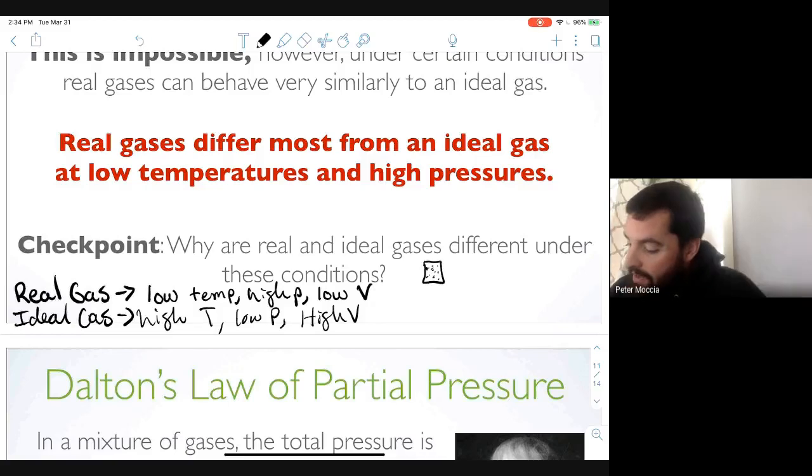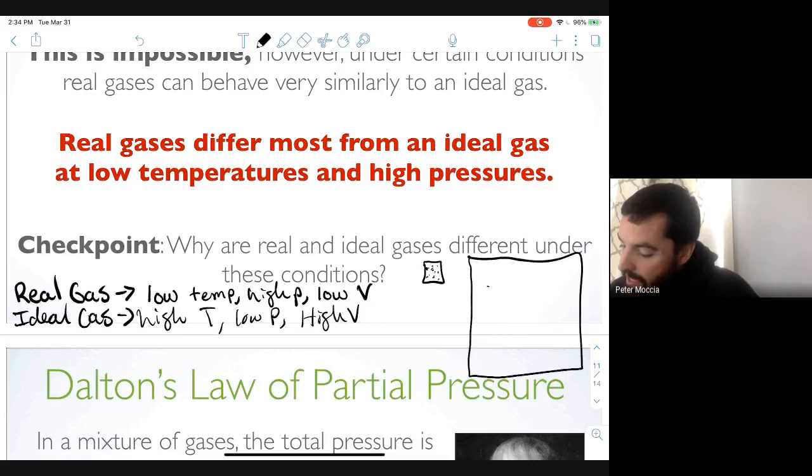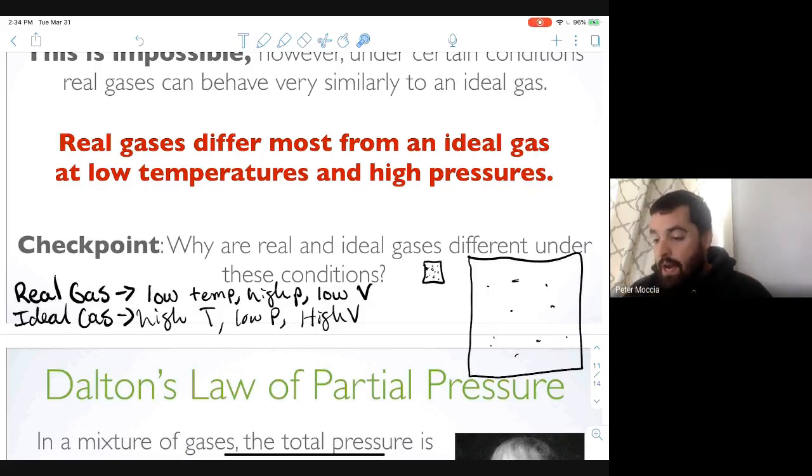Now, if I have a larger container and I have 10 dots, they take up less of a percentage. These gas particles take up a smaller percentage of the total volume than they do in here. So these are more ideal conditions than this.